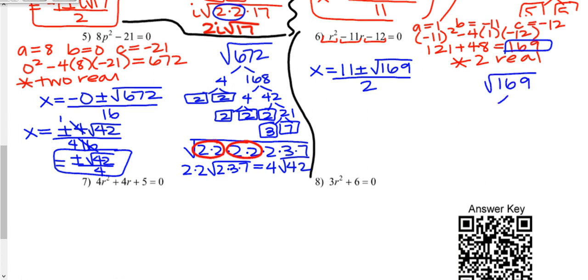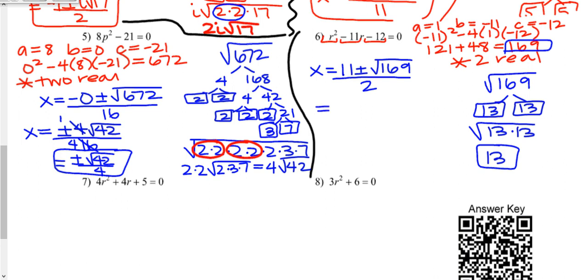Let's simplify that. 13 actually goes into it evenly. 13 times 13 is 169, which means 169 is actually a perfect square. 13 is prime, so this actually just ends up being the square root of 13 times 13. And because that's a pair, I'm just going to pull it out front, and I'm left with the square root of 1 technically, but that's just 1. So my answer is 13.